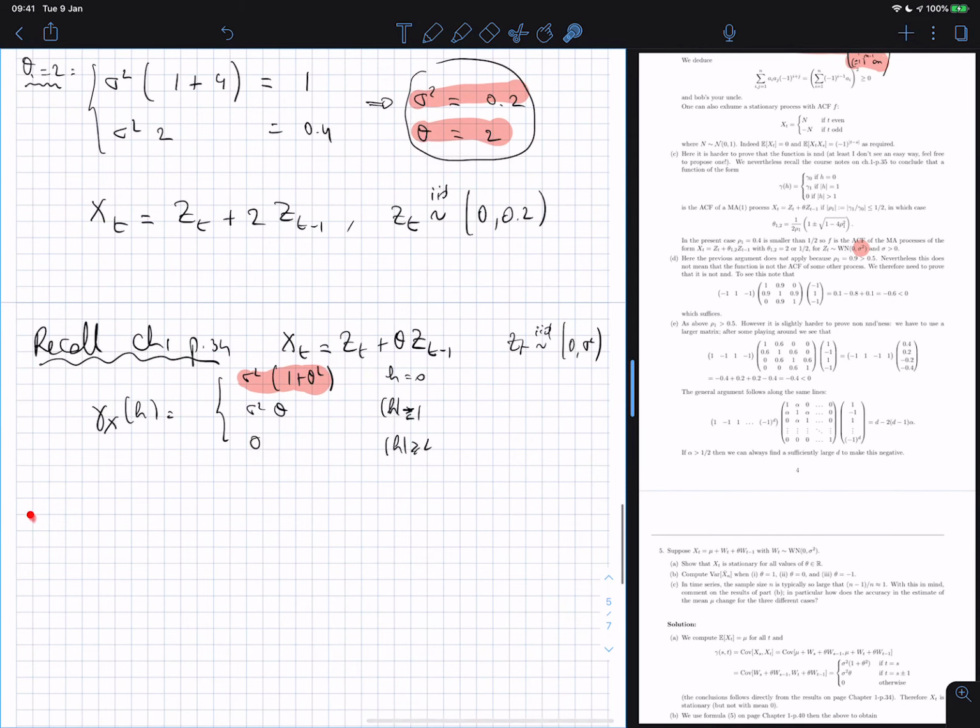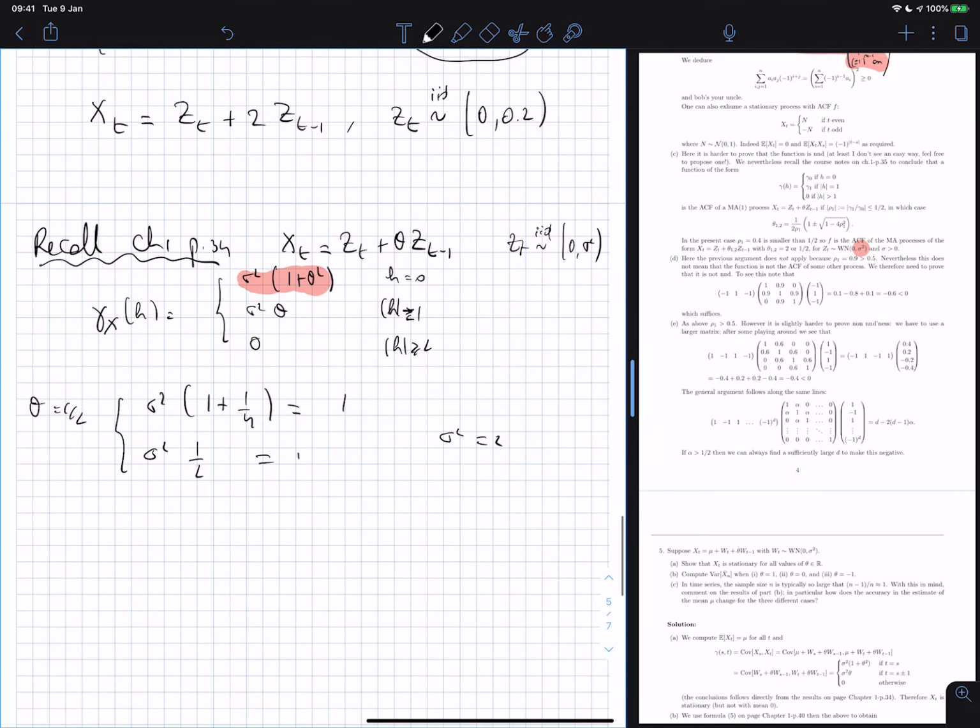And if theta is 1/2, then sigma squared times 1 plus 1/4 is going to be equal to 1, and sigma squared times 1/2 is going to be equal to 1, so sigma squared has to be equal to 2, and therefore we have another solution.